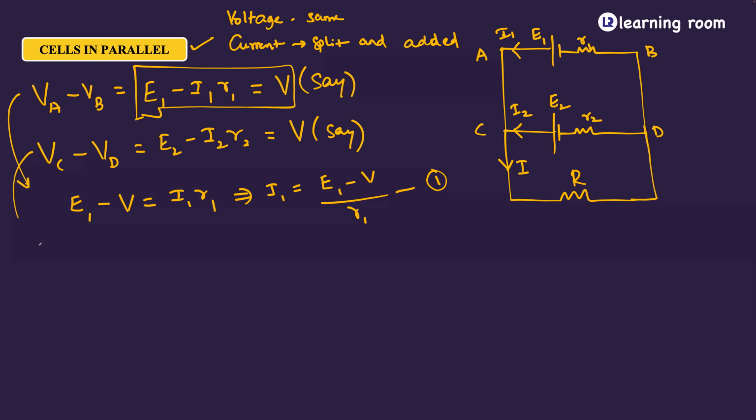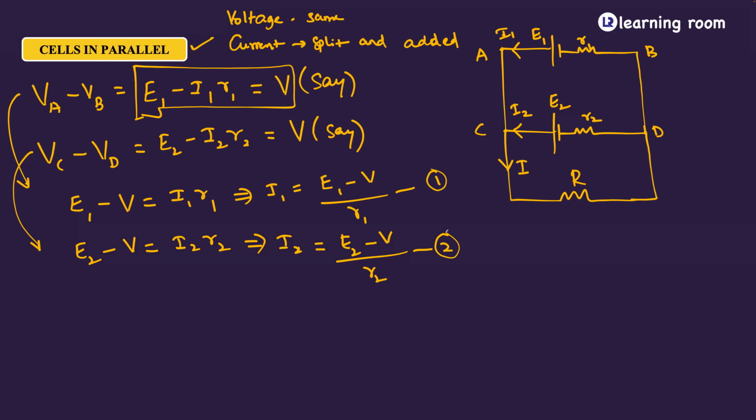Similarly, if I take the second and do the same kind of rearrangement, then I'll get E2 minus V is equal to I2 R2, which implies I2 is equal to E2 minus V divided by R2. Let this be equation number 2. Am I clear with this? Now, if I redraw the circuit into an equivalent one, what do I mean by equivalent?